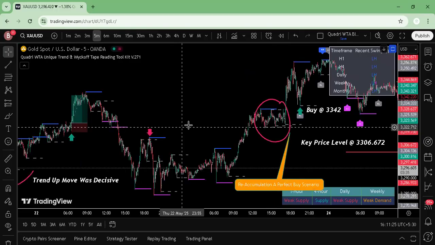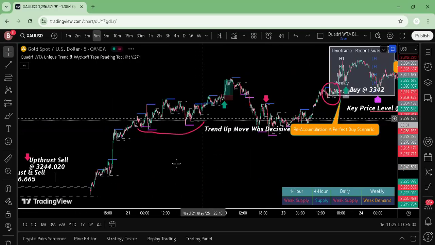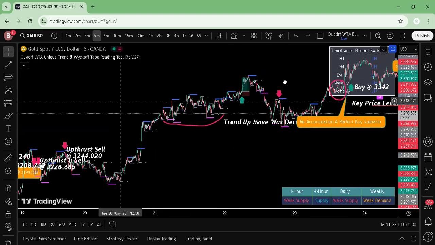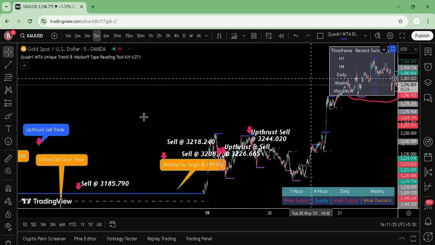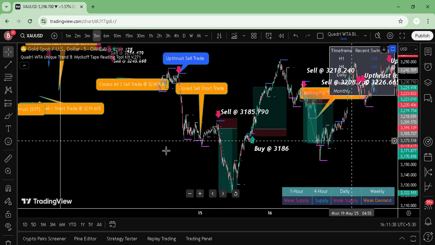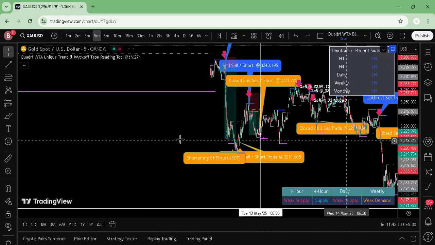If I look at my previously shared levels, these are all the updates and trade setups which I've got. I used to update them on my various groups. So let me find this particular level.